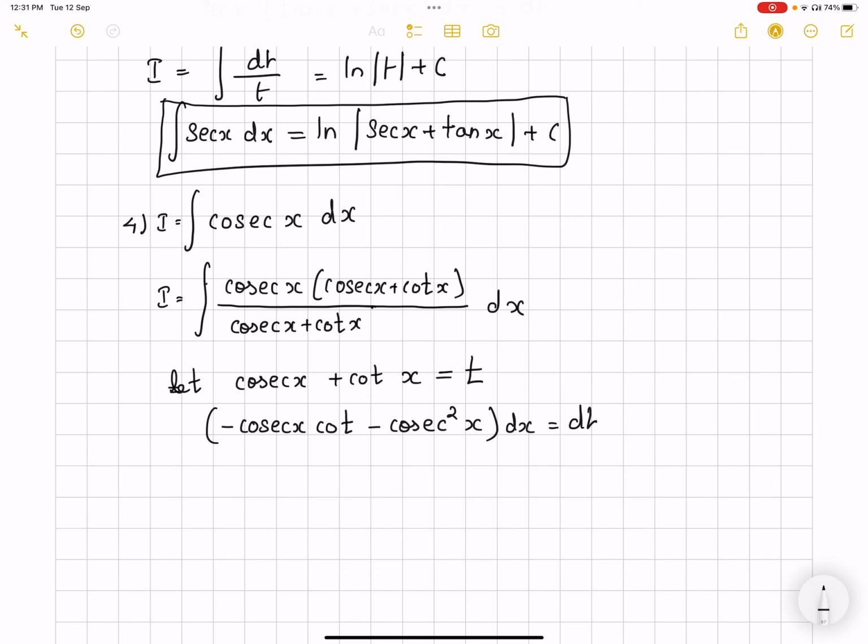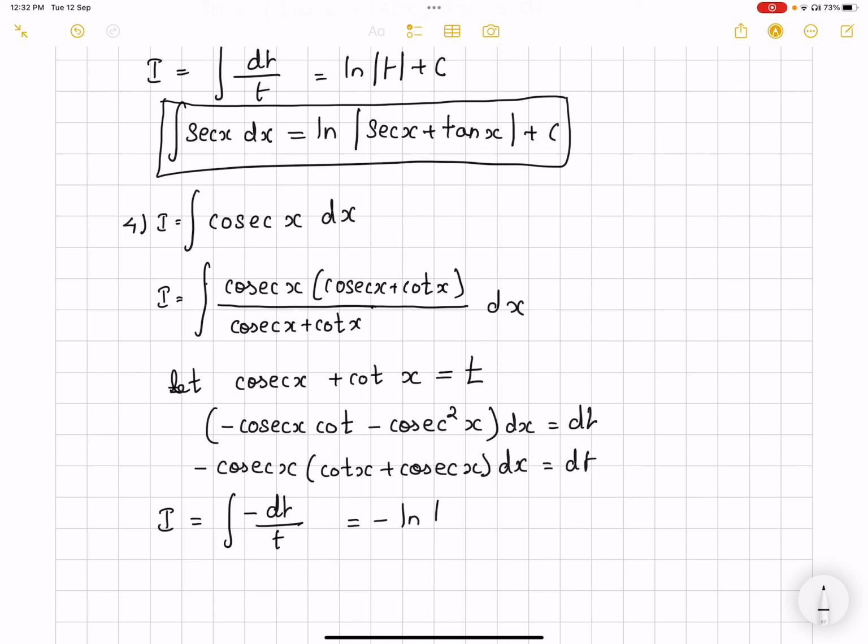Now if you observe, if I take minus as well as cosecant x out, I get cot x plus cosecant x. Excluding the negative, the remaining part is my I's numerator, is equal to dt. Okay. Now what we would do is I is equal to minus dt divided by t.